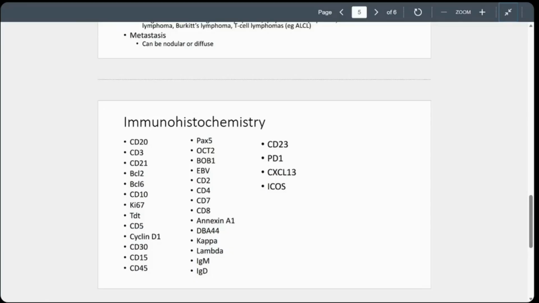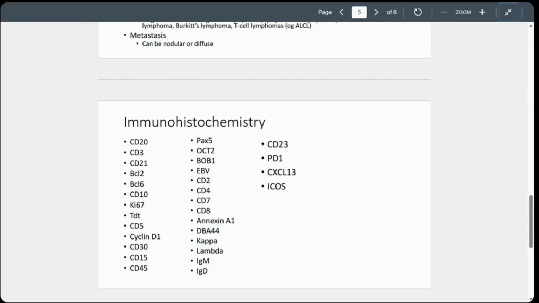So you would have to do CD2, 3, 4, 5, 7, and 8, which is a bit of a long list. Because whereas the B cell lymphomas are all positive for 20 and 79A, the T cell lymphomas, as I'm sure you're all aware, are very variable. CD3 will cover most of them, but if CD3 is negative, it doesn't exclude a T cell lymphoma.